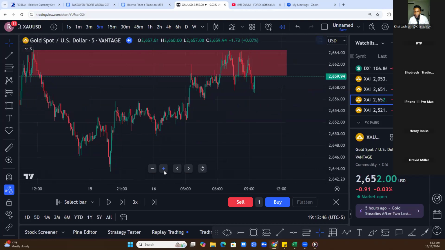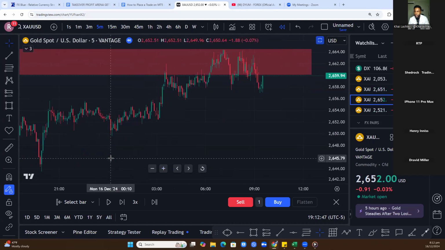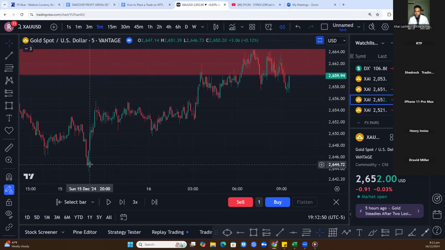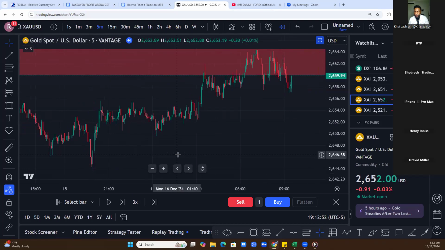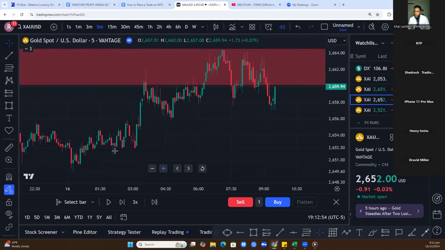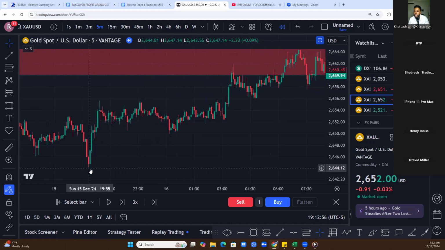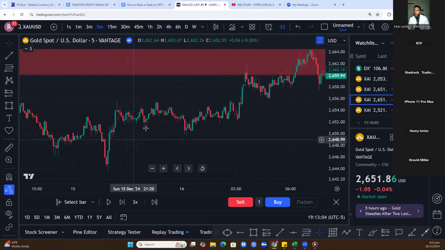So you see here how we have, for example, price pushing up. Boom, we got that engulfing candle, all of that area. And we get price pushing up. And we see how we have all of these rejections start to come into play.